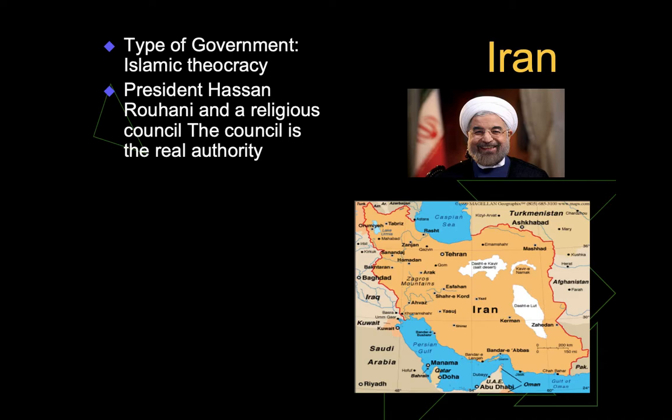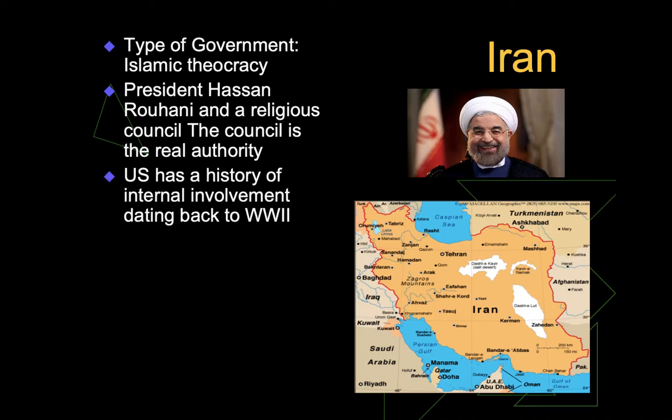First of all, they're an interesting country because they have the form of government that is a theocracy, which means that they are a religious government that is controlled by the Islamic leadership of the country.